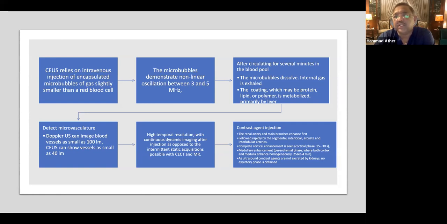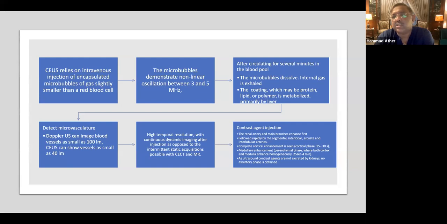The contrast agent passes through the renal artery into the main branches first, followed by segmental, interlobar, arcuate, and interlobular arteries. The complete cortical enhancement is seen between 15 and 30 seconds of injection of the contrast agent, and this is what results in the nephrographic phase.